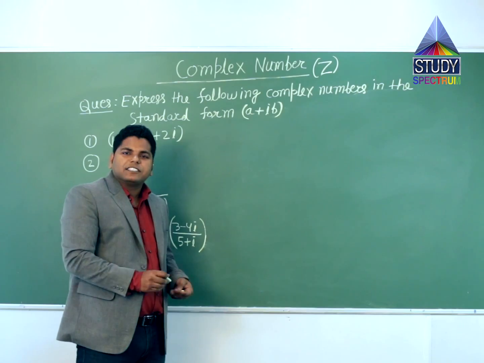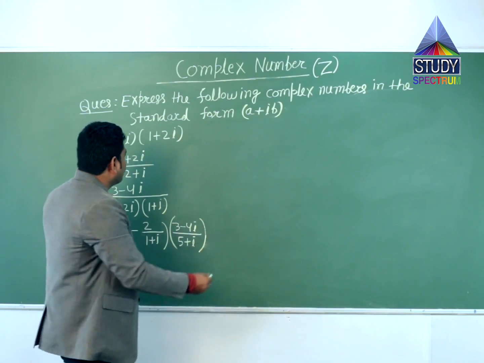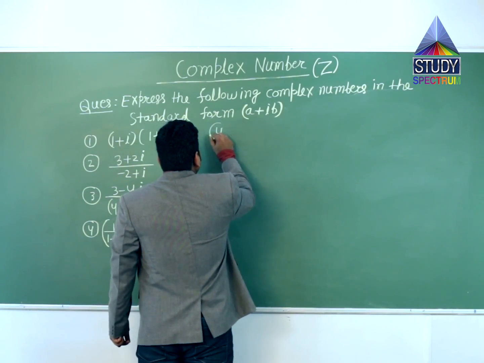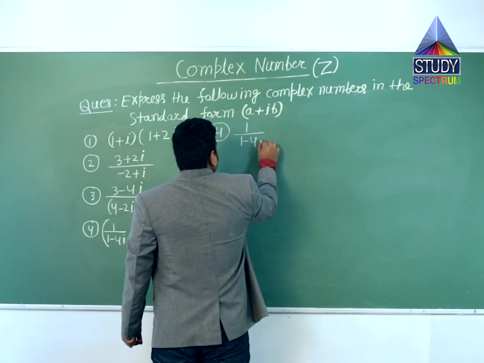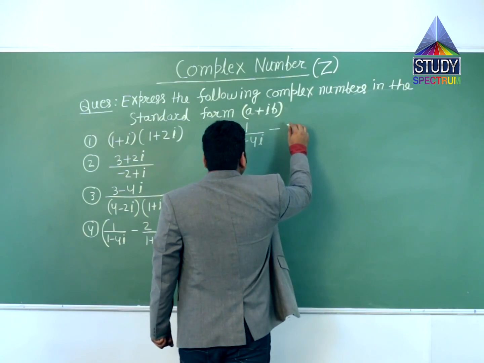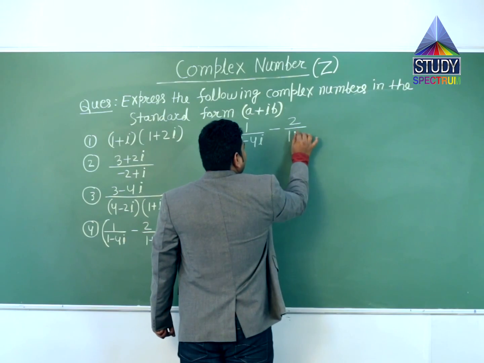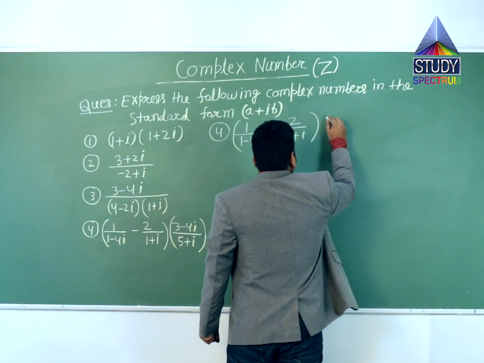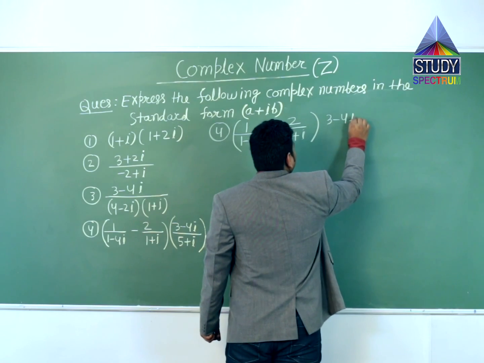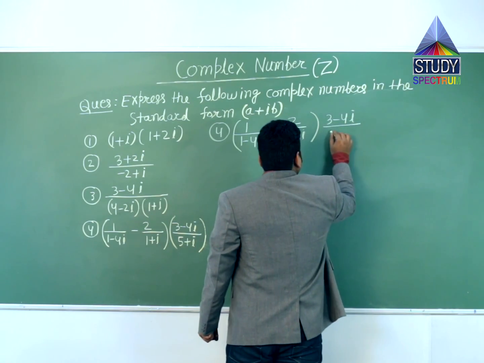Now let us move to question number 4, and we have question number 4 as 1 by 1 minus 4i minus 2 upon 1 plus i into 3 minus 4i upon 5 plus i.